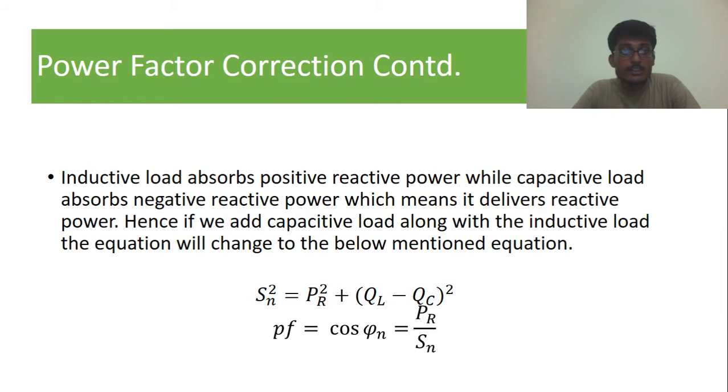So QL minus QC square. Hence the new power factor is PR by Sn. Mind it, it is Sn, meaning the new apparent power. So obviously from the above equation you can see that Sn is getting reduced because QL minus QC is reduced. Hence the cos phi increases. So that's how we increase the power factor.